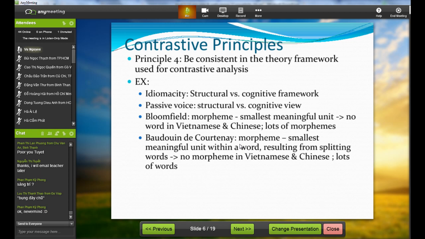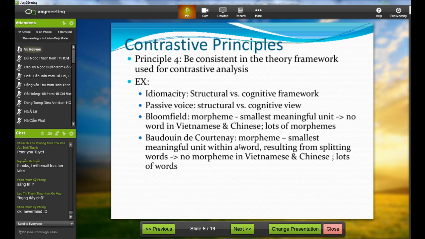And I think you have already learned about these differences a little bit in the previous face-to-face discussions. Now, let me give you some examples to show you what I mean.